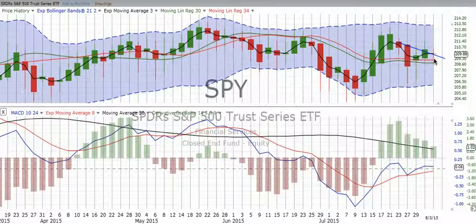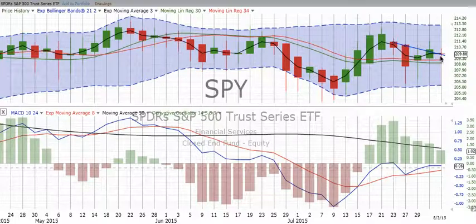It is a very much indecisive candle. Whenever you see a doji, which is like a big cross, it means that the bulls had about as much power as the bears. However, you can tell that the bears had dragged the market down substantially. The bulls pushed it up more than they could drag it down. So it looks like the bulls might be a little bit more in charge than the bears at this point. But again, lots of indecision there in the SPY.